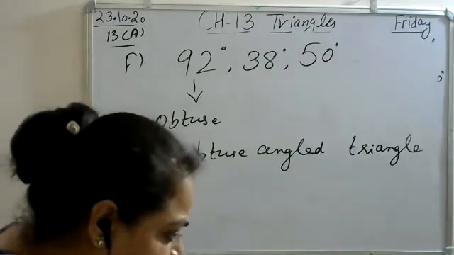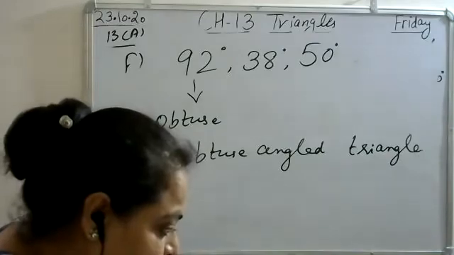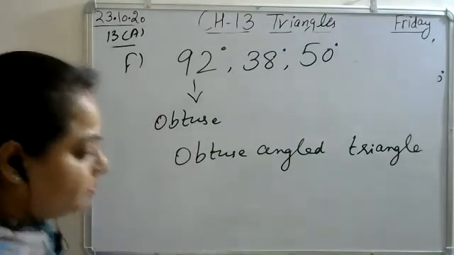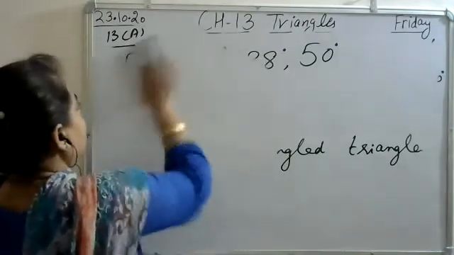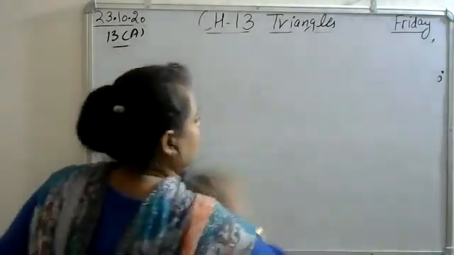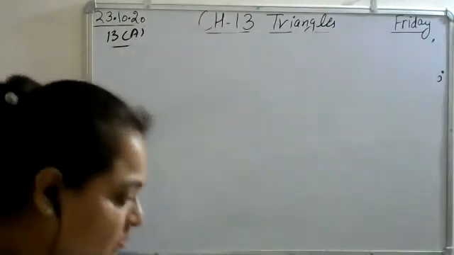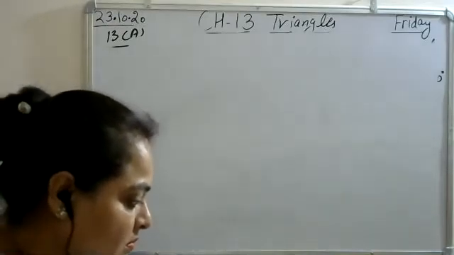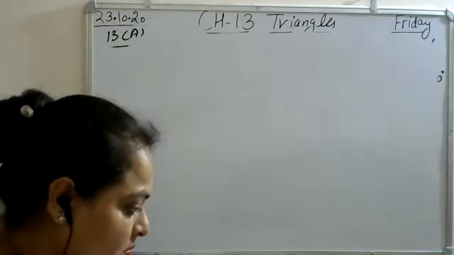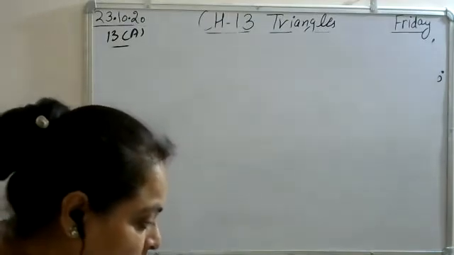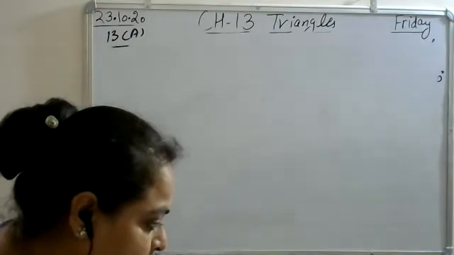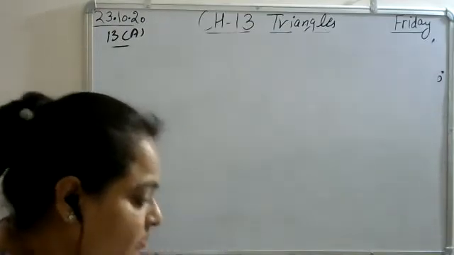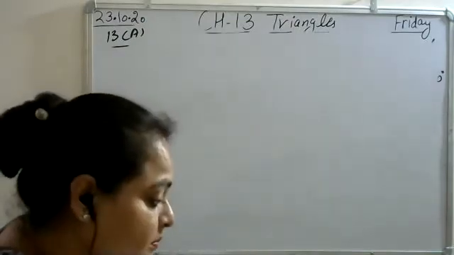Next is Lavanya, 5th D. Lavanya. Kritagya, unmute yourself, beta.